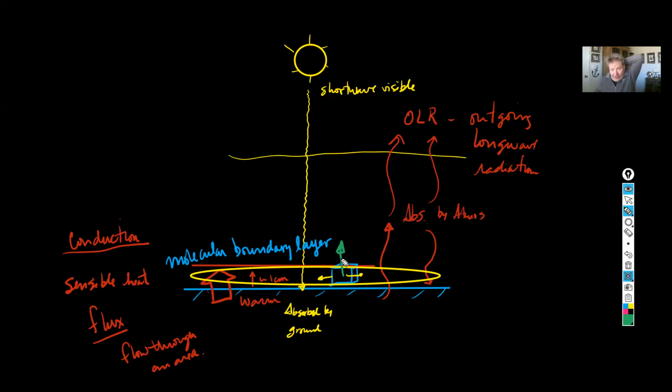So if this air, and this is really important to write down, if the air in the molecular boundary layer is less dense than the air above it, it's going to start overturning. That overturning, where this air goes up, and because some air is going up, some air needs to come down to take its place.